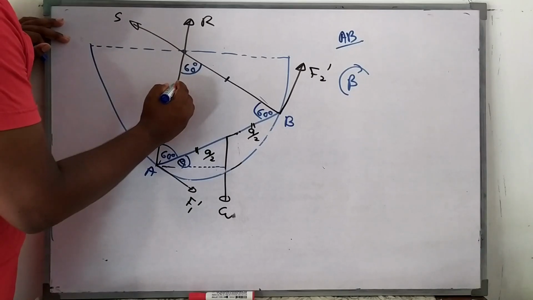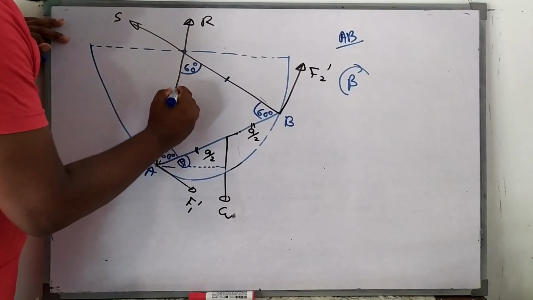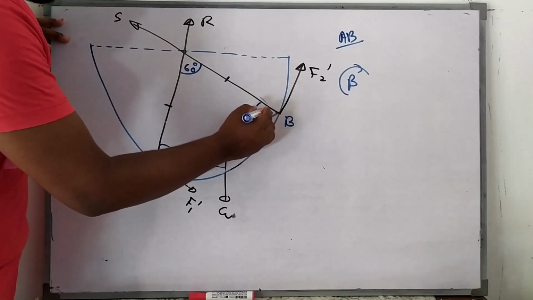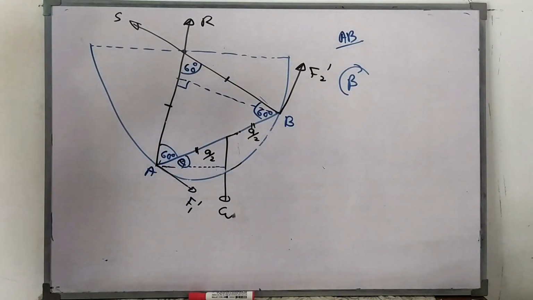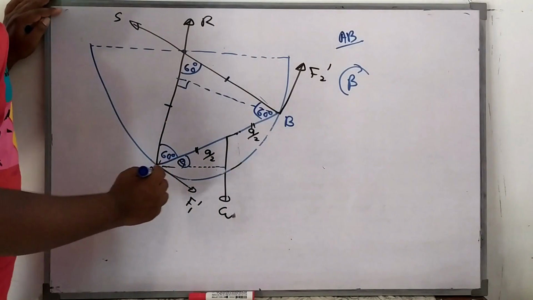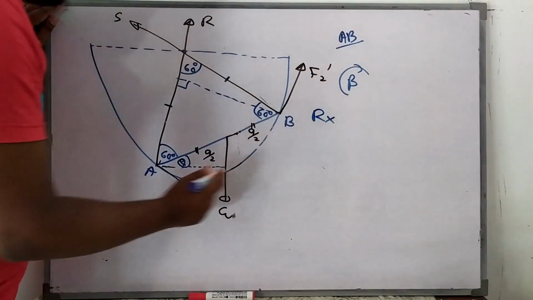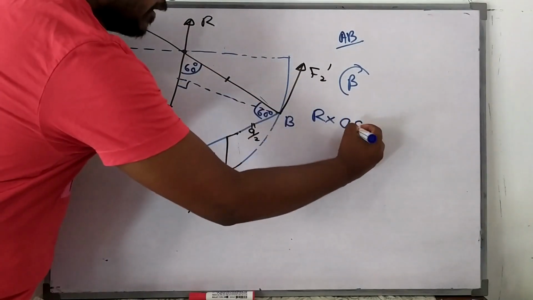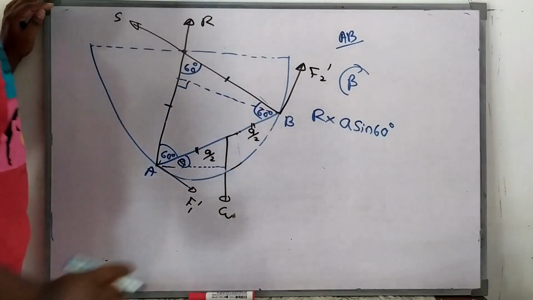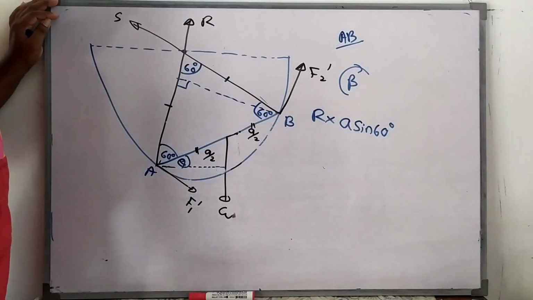So when you construct a perpendicular line, it's always sine 60.